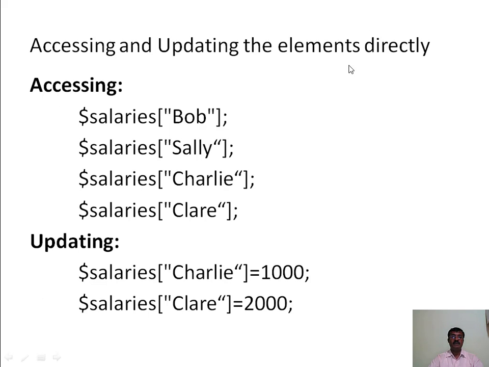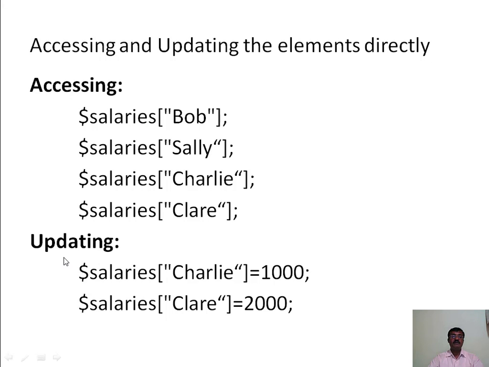Accessing and updating the elements of associative array. We can access associative arrays by their array name followed by the index, where the index is some non-numeric string value. In this way we can access the elements of an associative array.